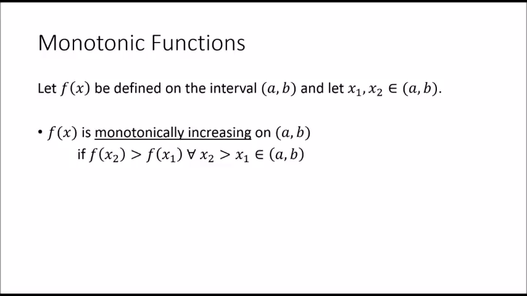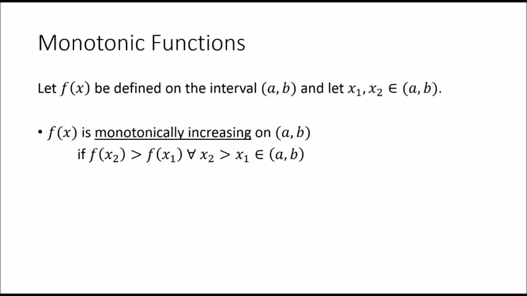We say that the function is monotonically increasing on that interval if the value of the function at x2 is greater than the value of the function at x1 for all possible pairs of points where x2 is greater than x1. The mathematical phrasing of this definition is more complicated than it needs to be.